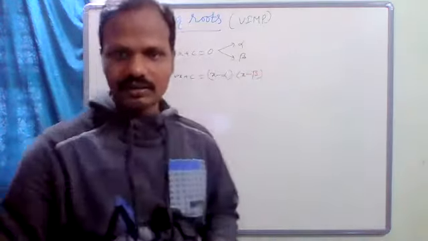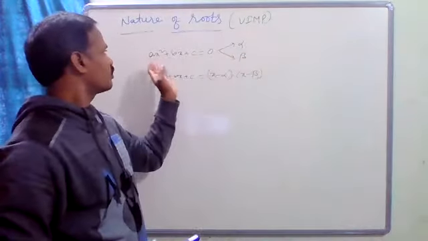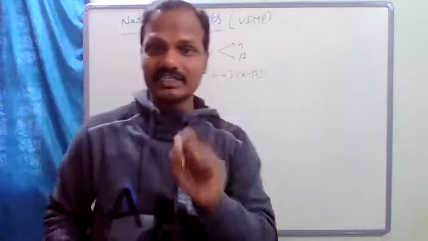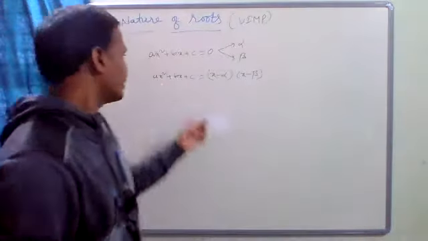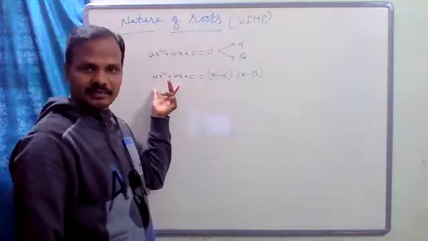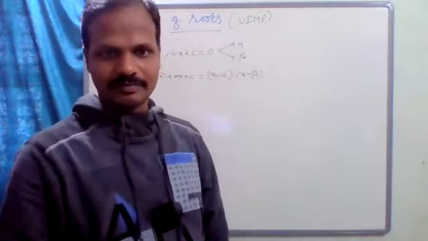Is it clear? If alpha and beta are the roots of a quadratic equation, then we can write this expression as x minus alpha into x minus beta.